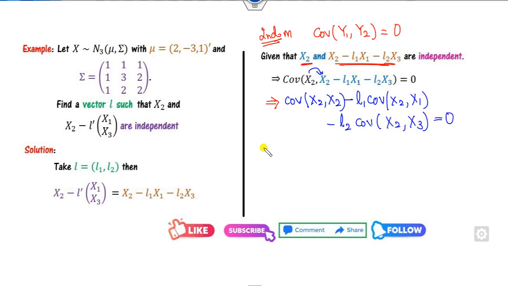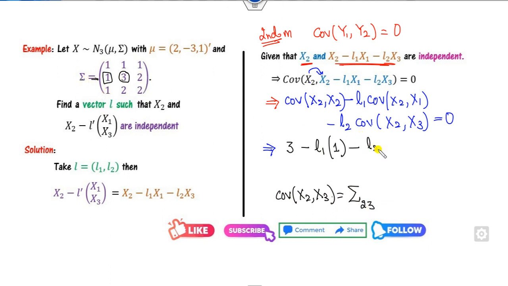It is 0. The covariance of x2 x2 is the variance, minus L1 times the covariance of x2, x1, which is 1, minus L2 times sigma, second row, third column, which is 2.